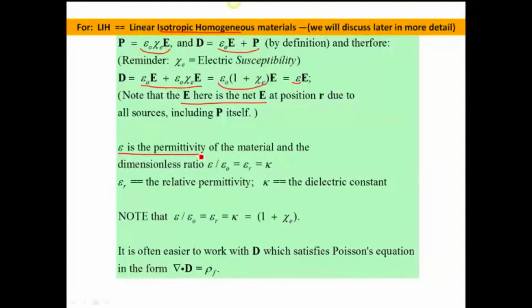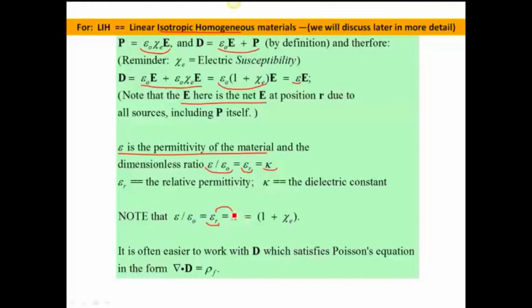And here's the definition of epsilon. It is the permittivity of the material. If you take the ratio of epsilon to epsilon 0, this gives you the relative permittivity, and that's also equal in magnitude to what we call kappa. Kappa is the dielectric constant. Epsilon R is the relative permittivity. So one more time, the ratio of this is equal to this. They're equal in magnitude, epsilon R and kappa.